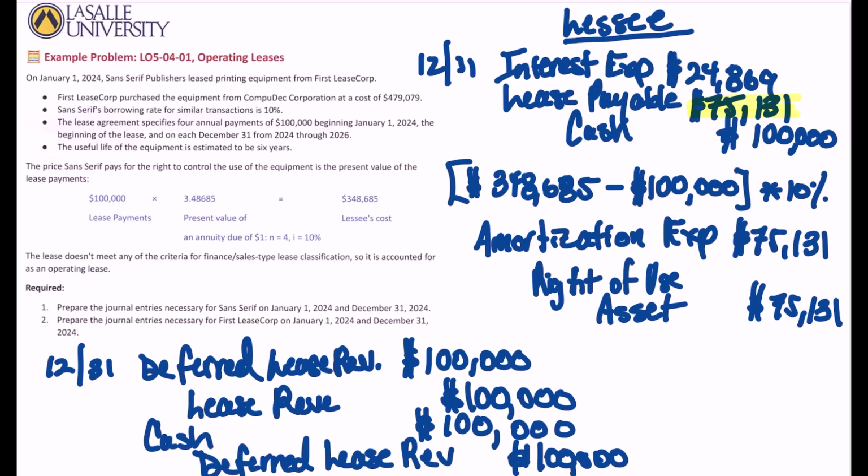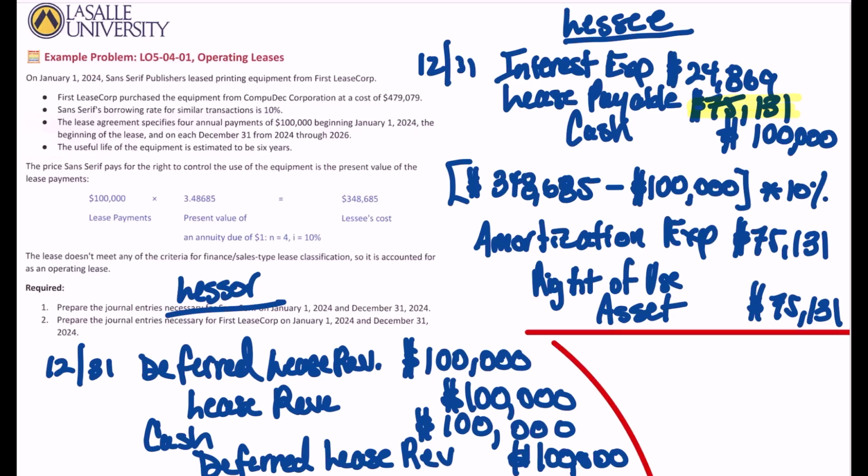The last part here is, and let's label this, so this is the lessor over here, because the lessor has retained the asset, the lessor now has to also record depreciation expense. So that is the last piece here.